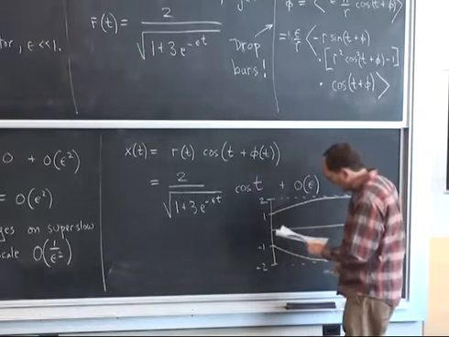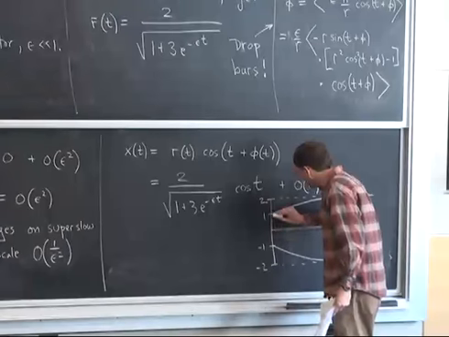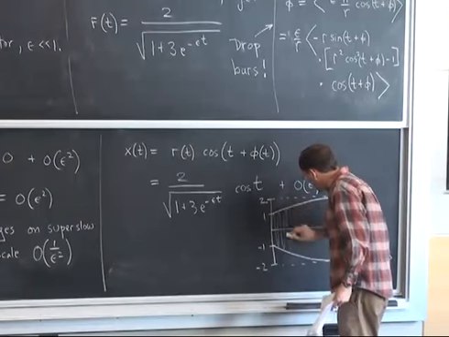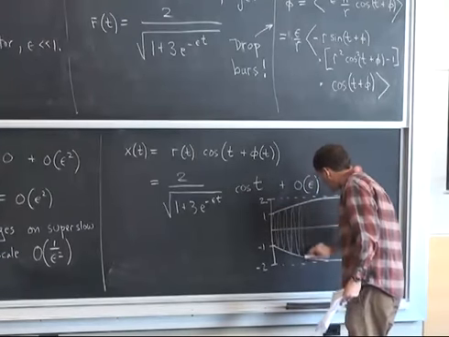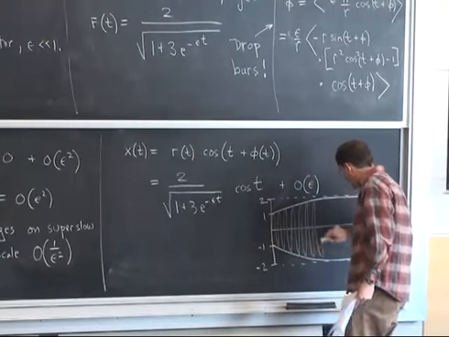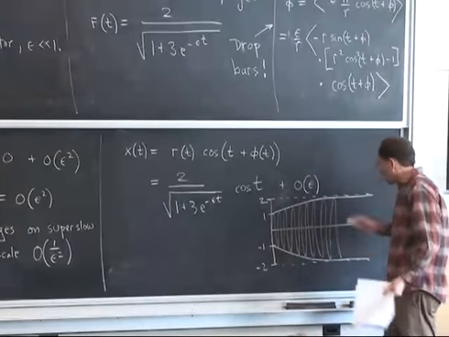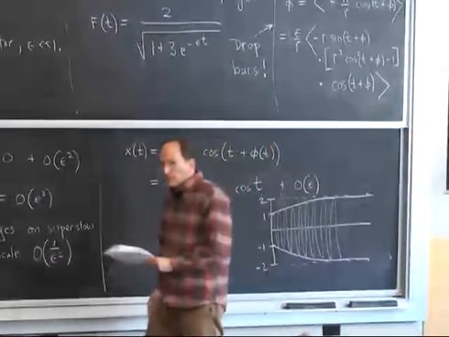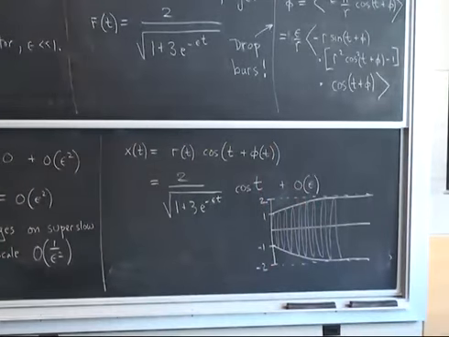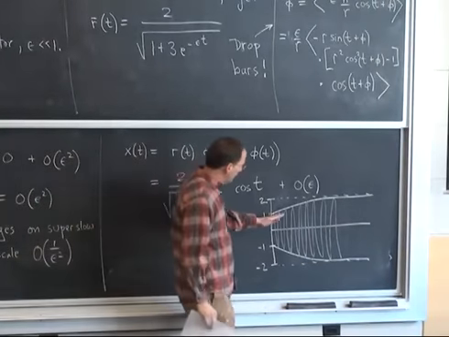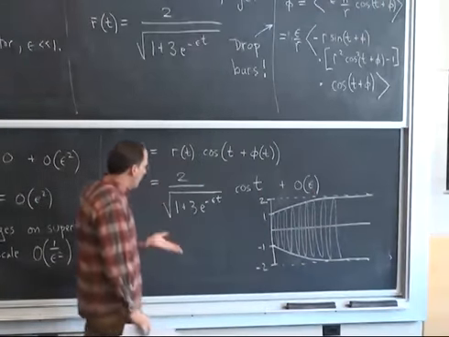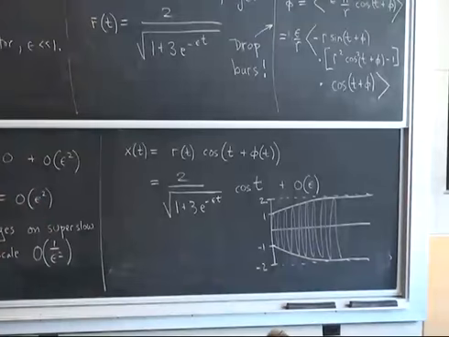And then inside, you have these fast oscillations that are all period 2 pi more or less. So that's what the solution of the van der Pol looks like with those initial conditions. It just starts at 1 and then slowly builds up to 2. But we have, as I say, this nice analytic form thanks to the method.